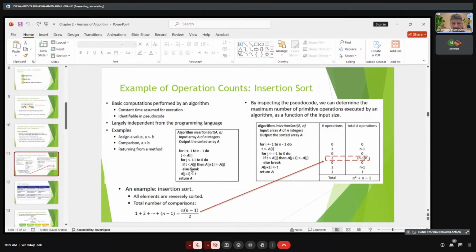Else break. a[j plus 1] equals t, return a. This is the algorithm. We will do it in the lab. We write a code in the lab, or we follow this algorithm.